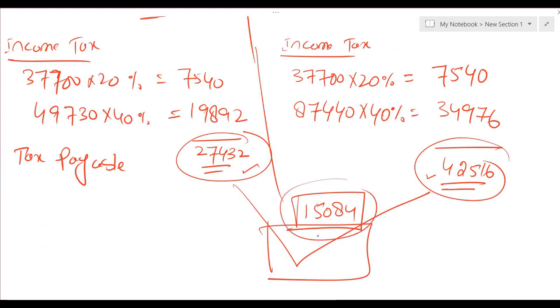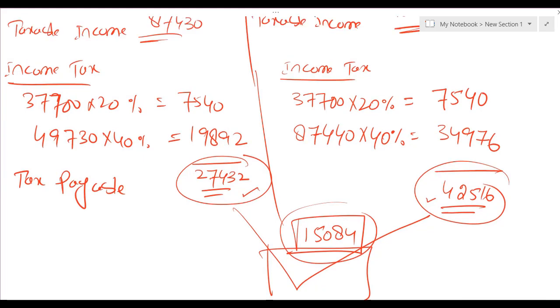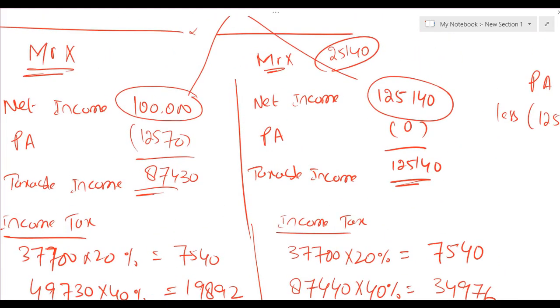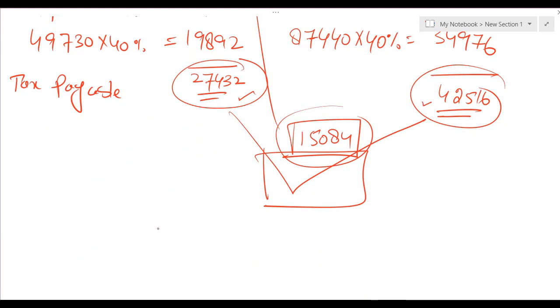Additional tax is 15,084, which means that on this additional income of 25,140, Mr. X is actually paying additional tax of 15,084. So what is the effective tax rate on additional income?